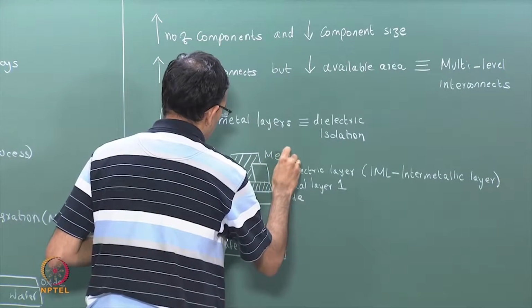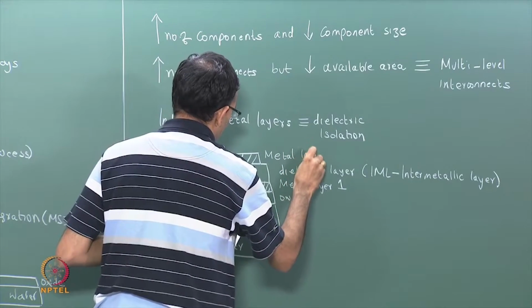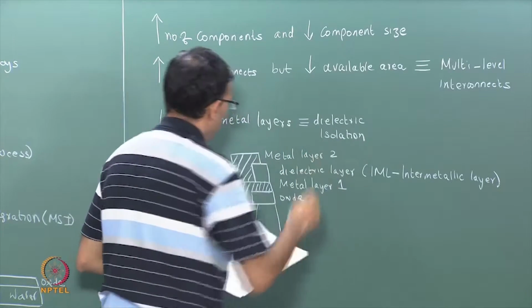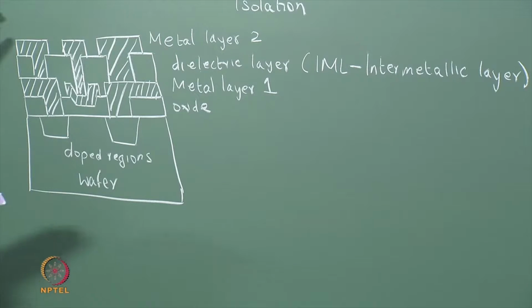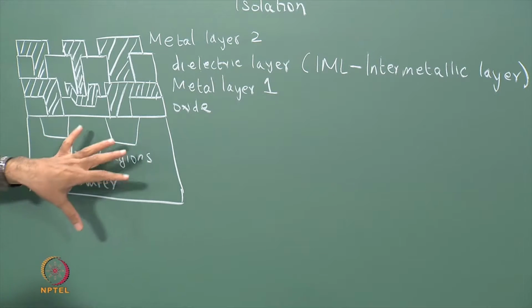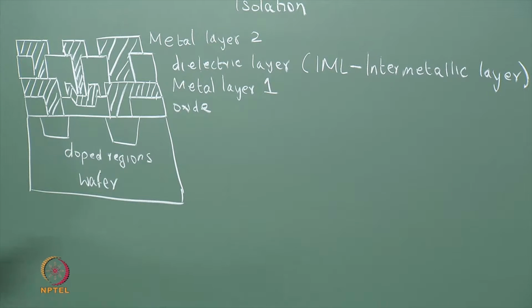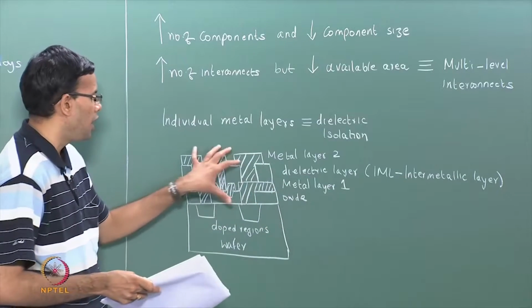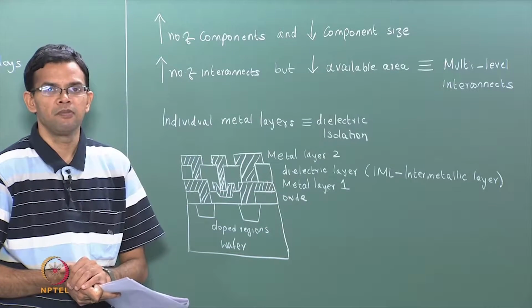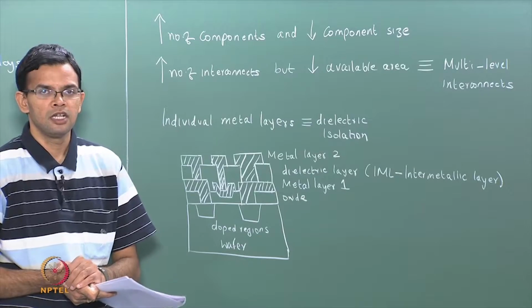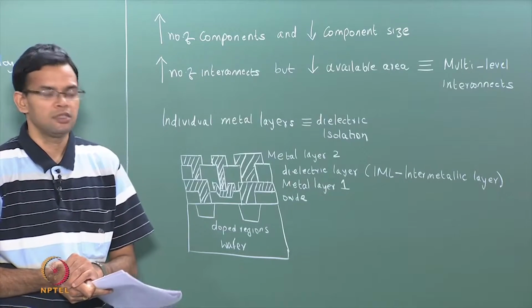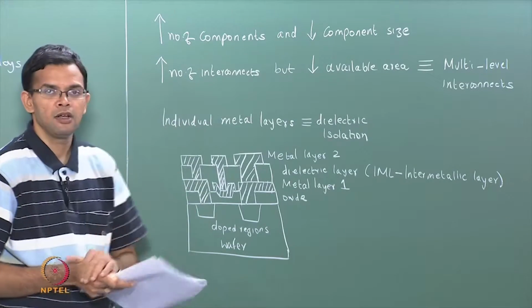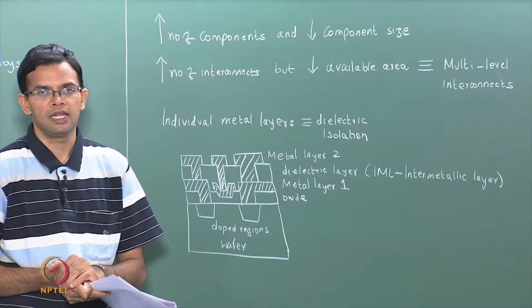This becomes metal layer 2. Again, it is possible to make electrical connections between these metal layers. So in this particular example, I have just shown one MOSFET. If you have a large number of these MOSFETs, again interconnections can be made between these different layers. So as device complexity increased, you can basically end up building more of these metal layers.